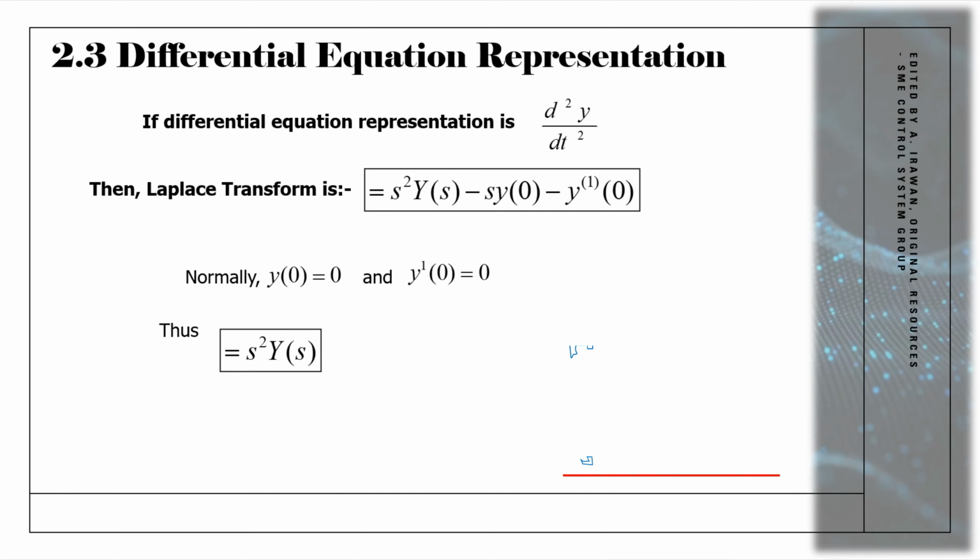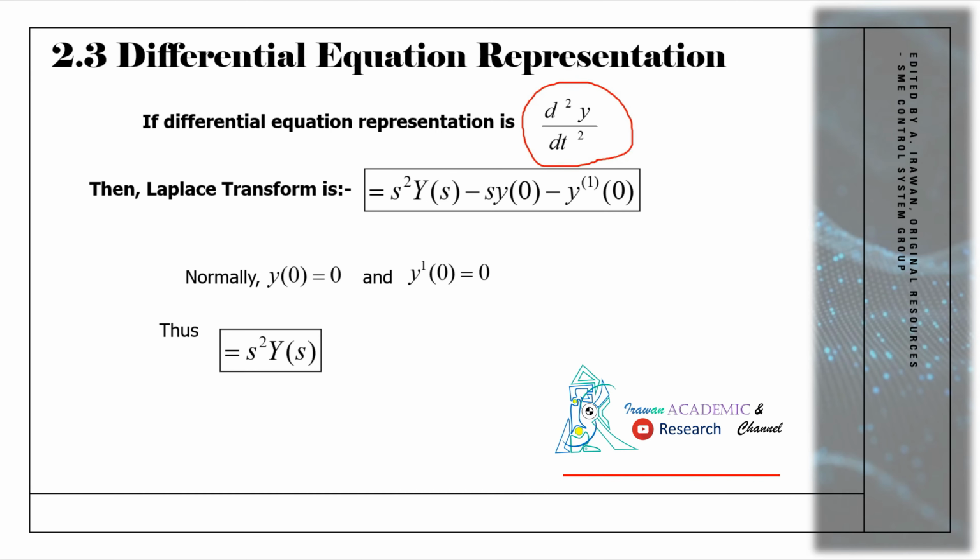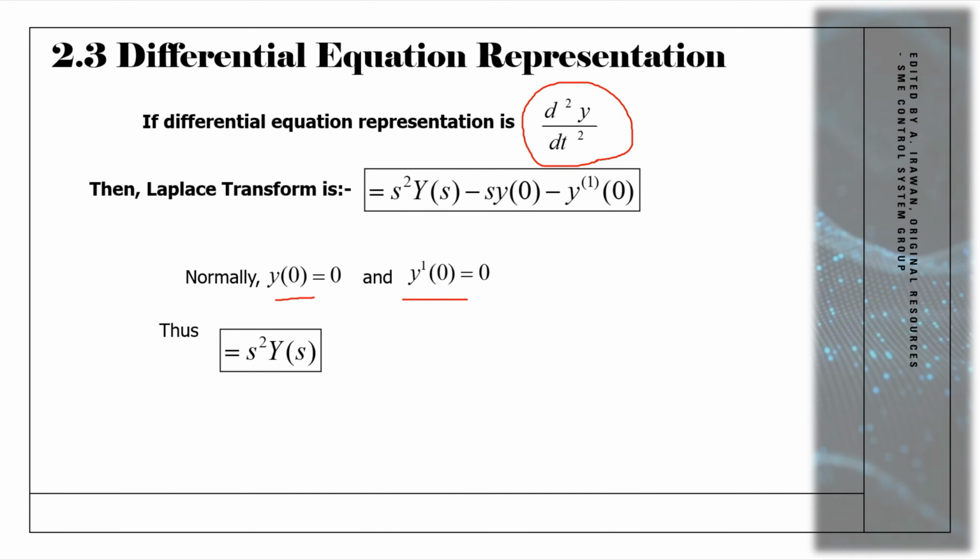Let's say for example we have this second order differential equation for y. If we consider the initial conditions to be 0 and go back to the Laplace transform theorem just now, we can say that the Laplace transform of this differential equation is like this.